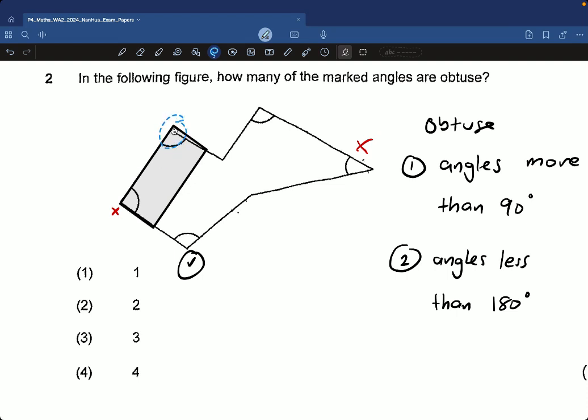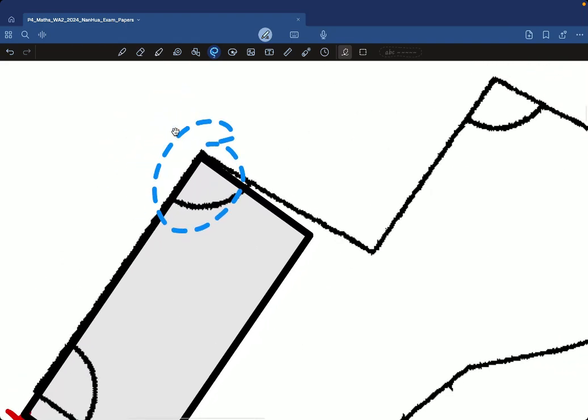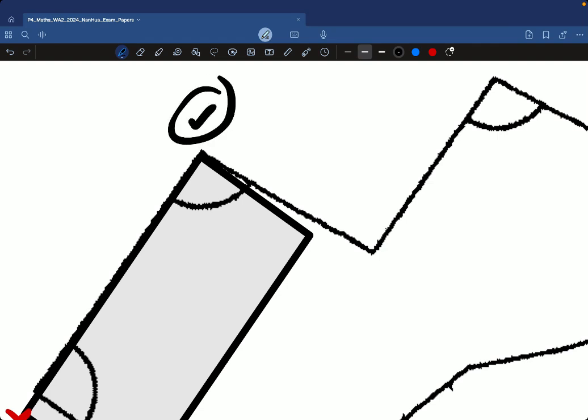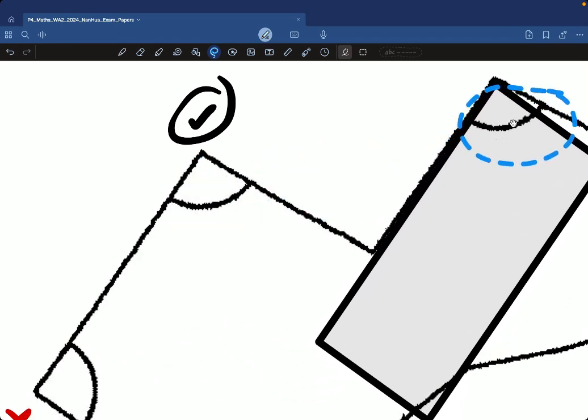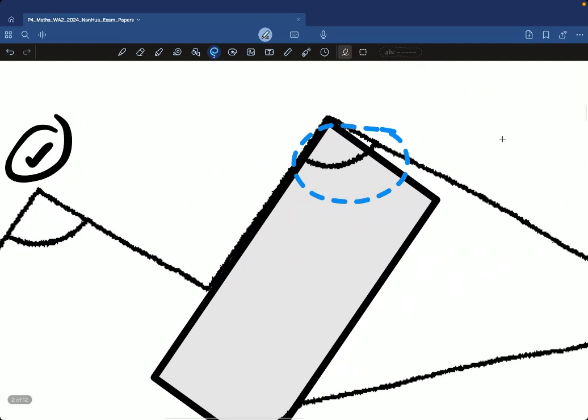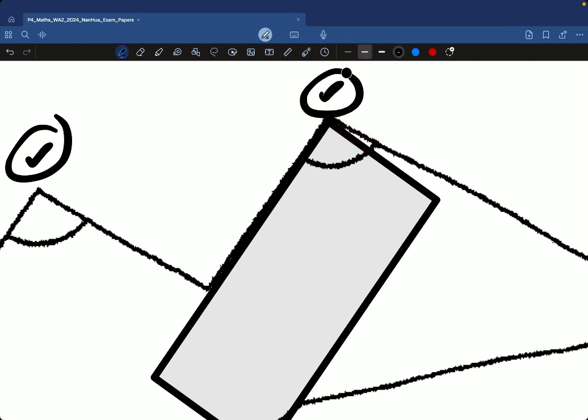If you look closely, there's some little space over here, so this is an obtuse angle. For the last one, if I move the ruler over here, you can see there's also a bit more space, so this is also an obtuse angle.